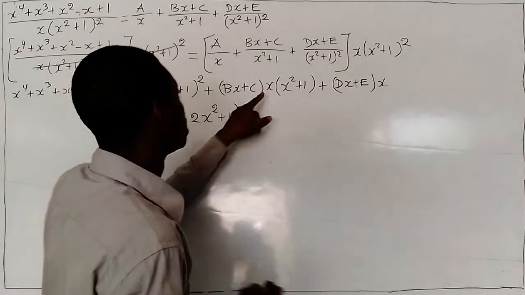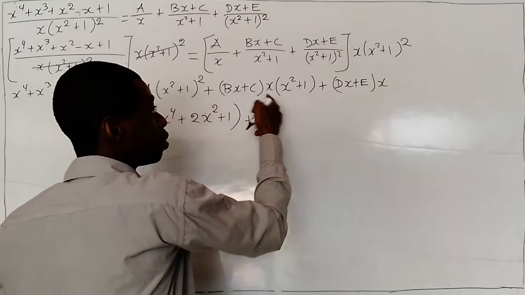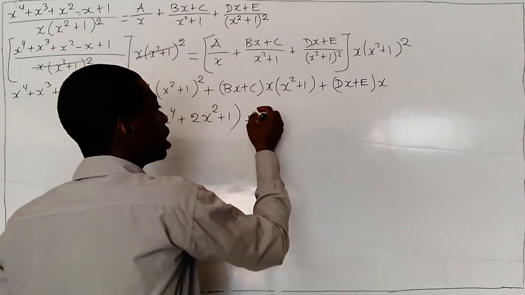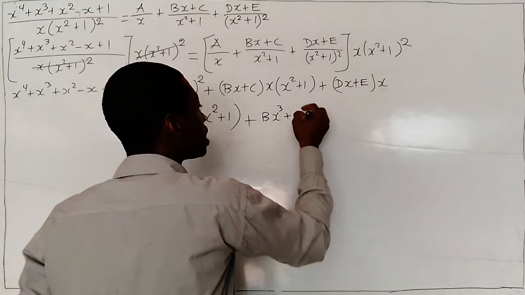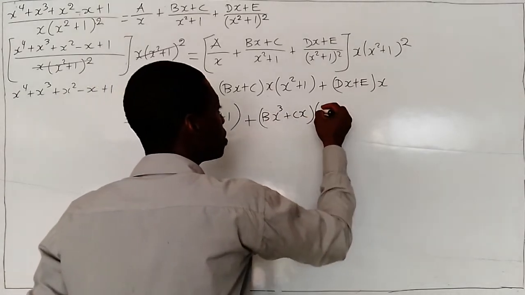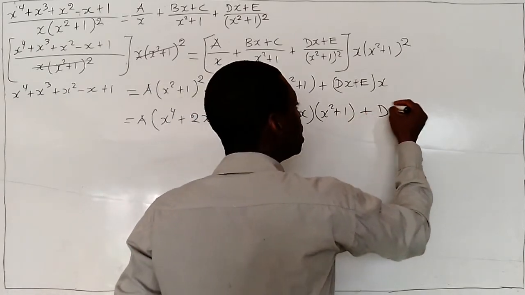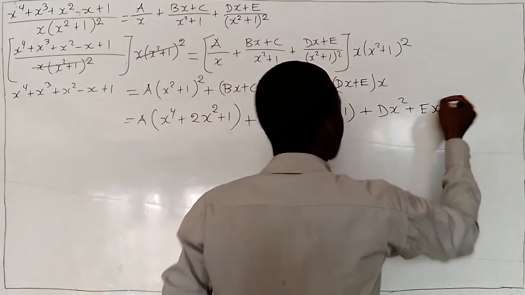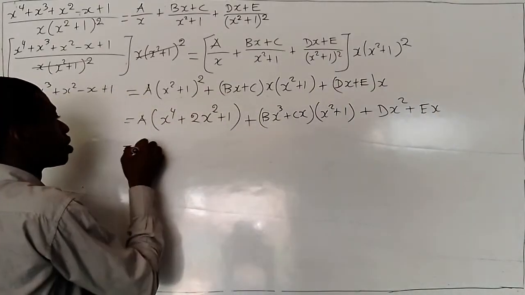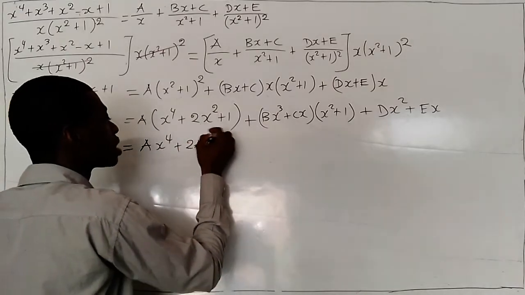Then plus this x we multiply by the b, so we multiply each of these terms, this will give us bx raised to the power 3 plus cx, then times x squared plus 1, then plus dx squared, this x multiplying, plus ex.